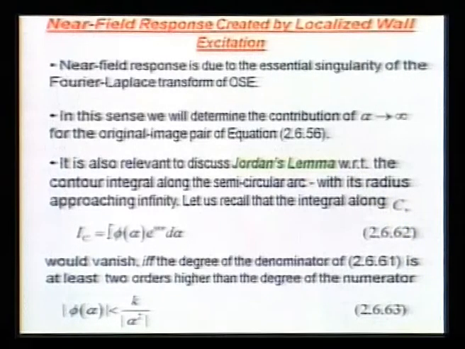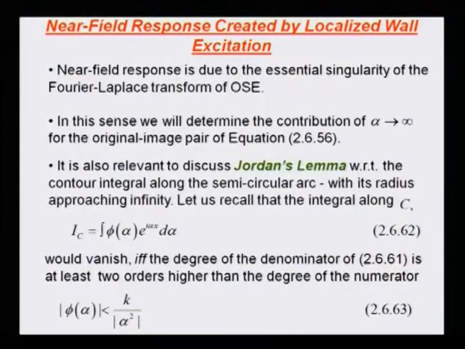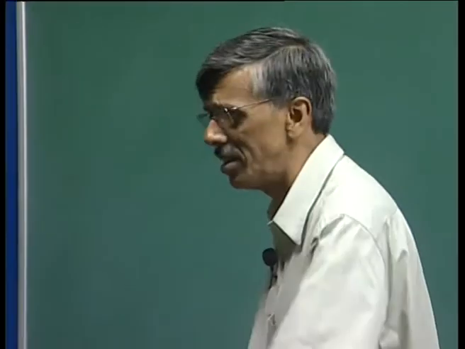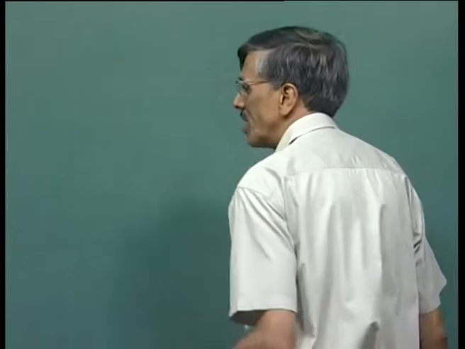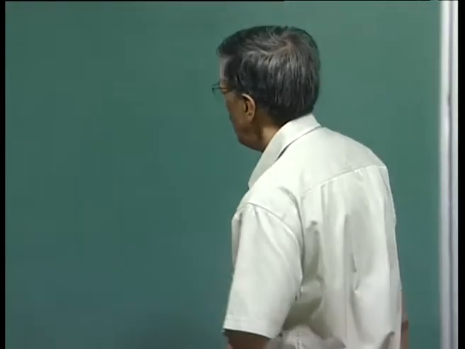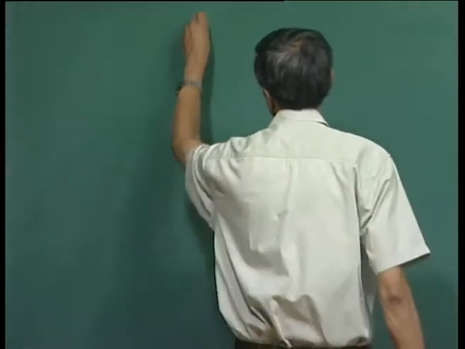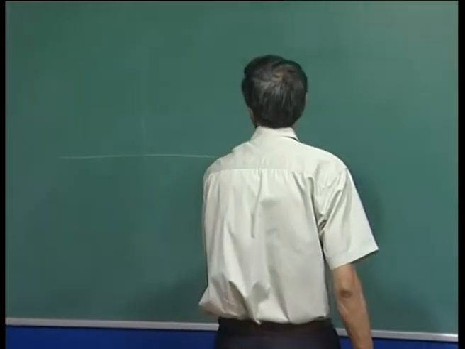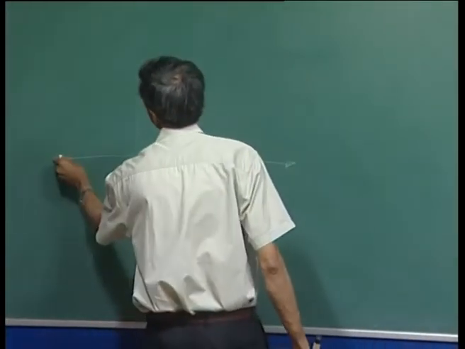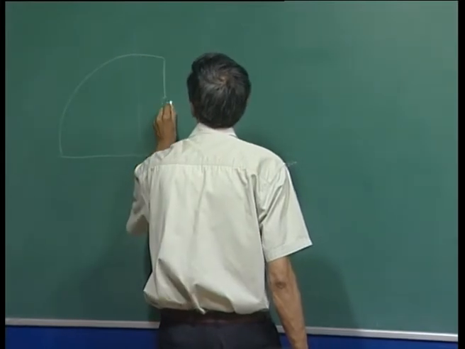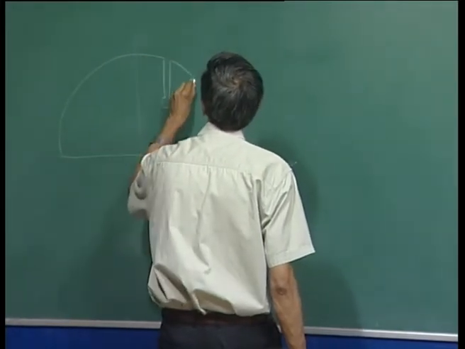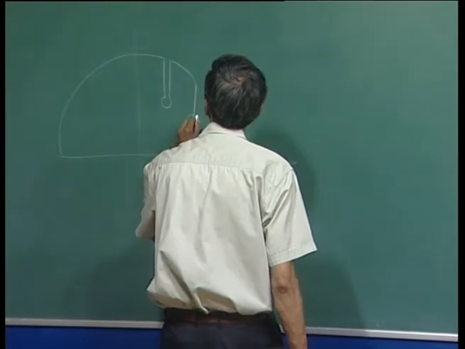And in this context you do have to revisit Jordan's lemma, which says that the contribution coming from the semicircular arc would be vanishingly small as the radius of the arc goes to infinity. So this is the kind of contour that we talked about in the presence of, let's say, one singularity, or a couple of singularities.